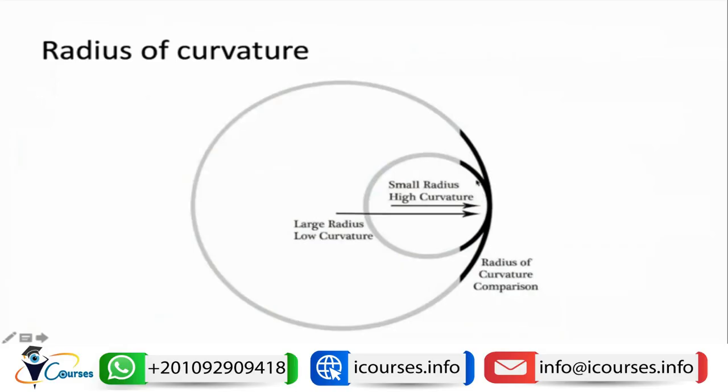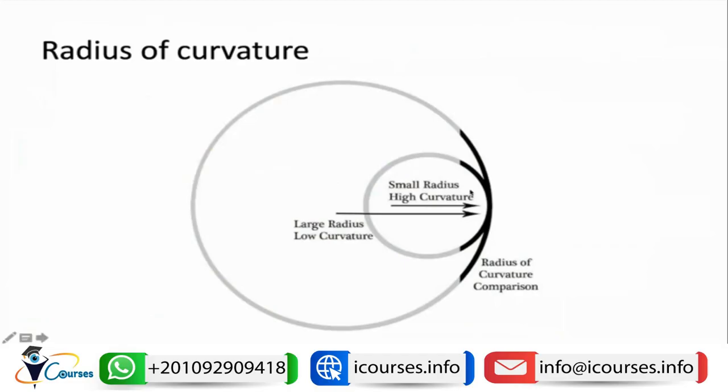On the other hand, a small sphere has a smaller radius of curvature, but the lens itself is more curved. So the radius of curvature and the power of the curvature of the lens are inversely proportionate to each other. A lens that has a high power will have a smaller radius of curvature, and a lens of small power or small curvature will have a larger radius of curvature.